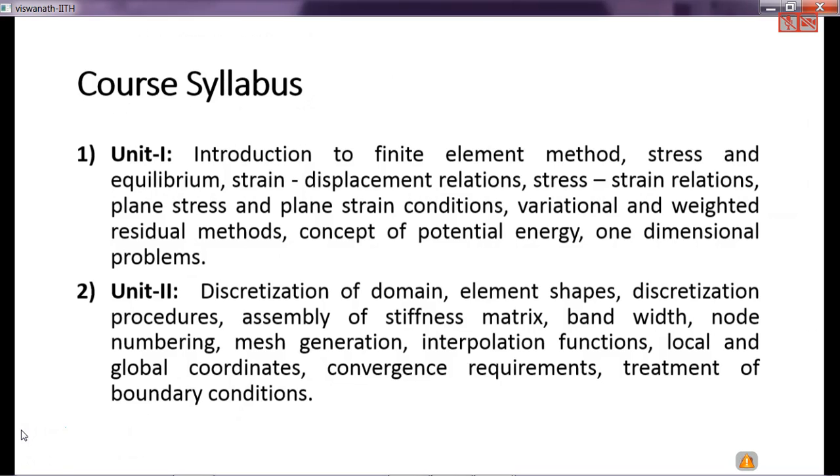Let's say you have two bars. One is made up of copper and the other is made up of mild steel. Now, both these bars, at one end, if you have displaced them by a delta amount, and they are of equal length, then you see the displacement is the same, hence the strain is the same.